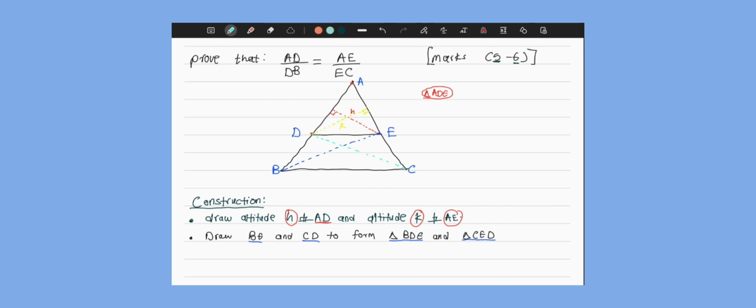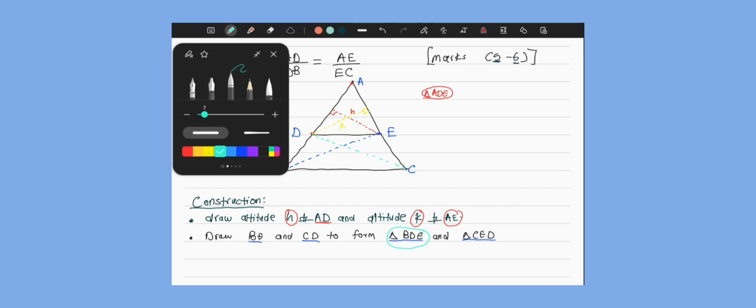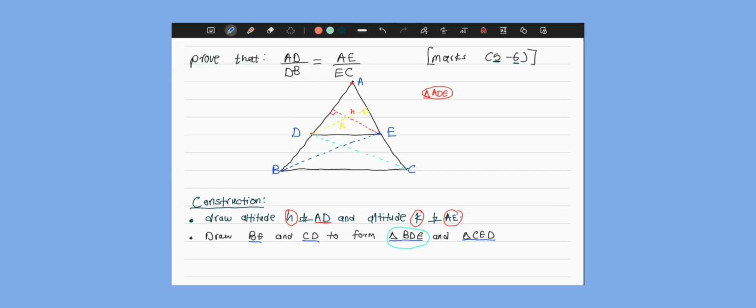So you can see that now I have this triangle, which is BDE. Let me highlight it so you can see the triangle that I'm talking about.